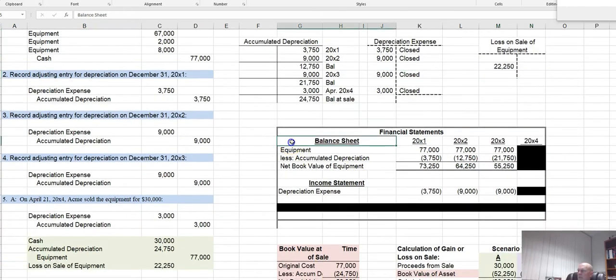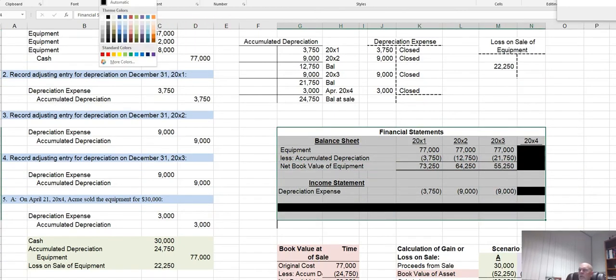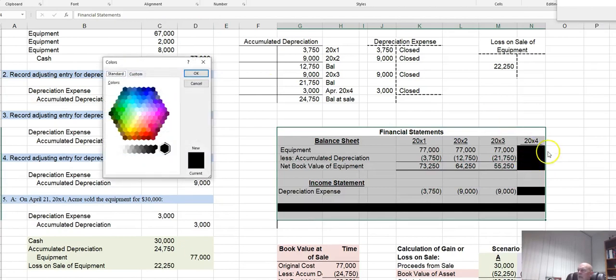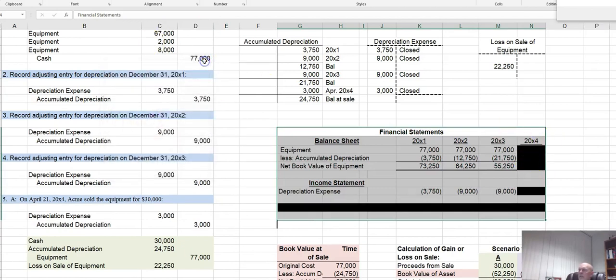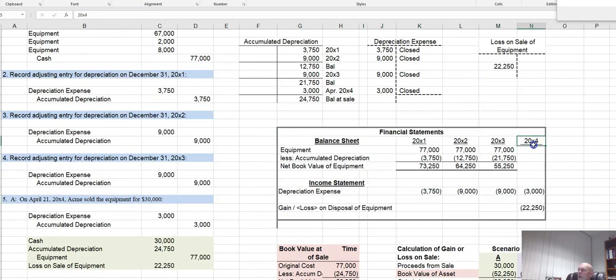So at the end, here's what's going to be on the financial statements at the end of this most recent period. We're not going to have anything on the balance sheet because we don't have that asset anymore. 3,000 represents the depreciation expense we recorded for those first 4 months that we were using the asset.